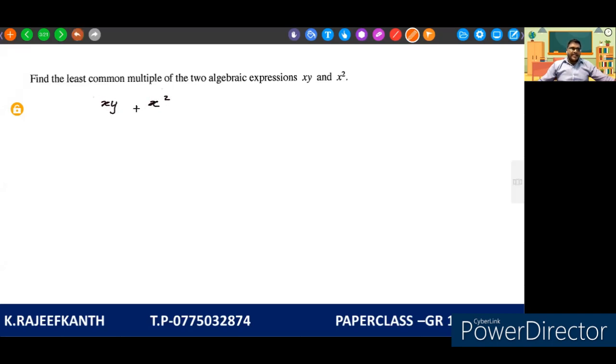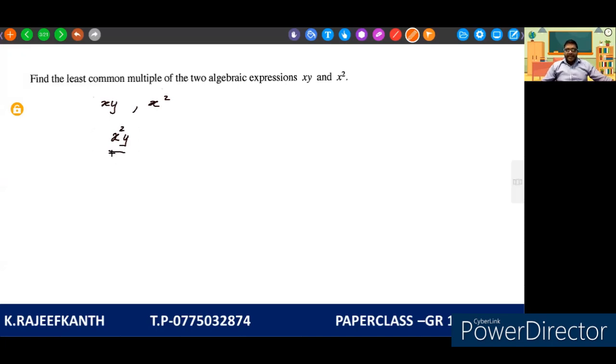Now we are going to find the LCM of these two expressions. Here x to the power 1 is there. In this expression, x to the power 2. So we have to take that x to the power 2. Here y to the power 1, here y to the power 0. Then we have to take y to the power 1. Then the answer is x squared y.